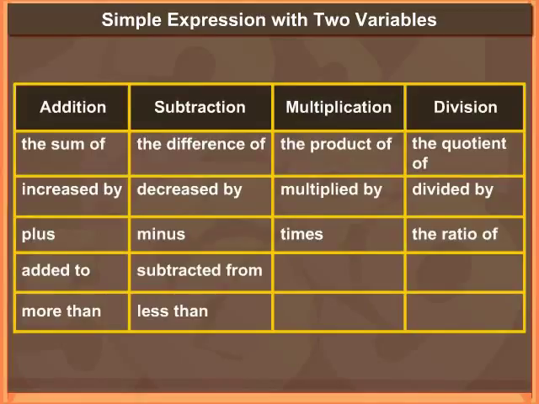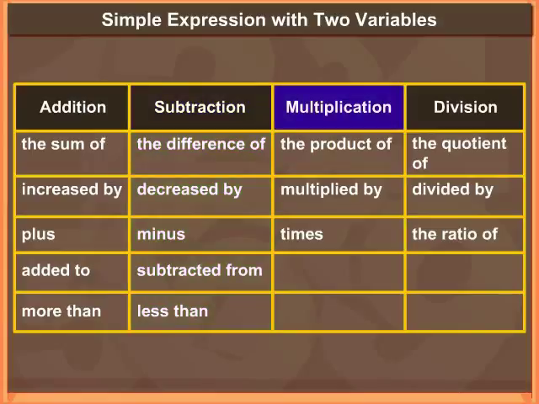In the table, we can see that for addition, the phrases are the sum of, increased by, plus, added to, and more than. Similarly, for subtraction, we use phrases such as the difference of, decreased by, minus, subtract from, less than.